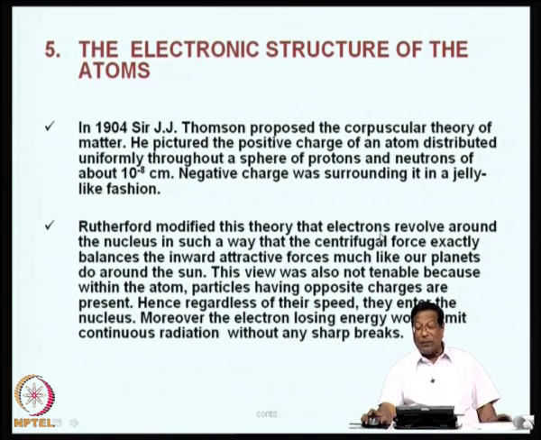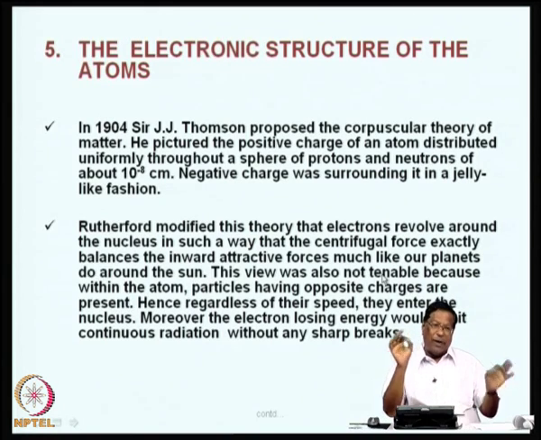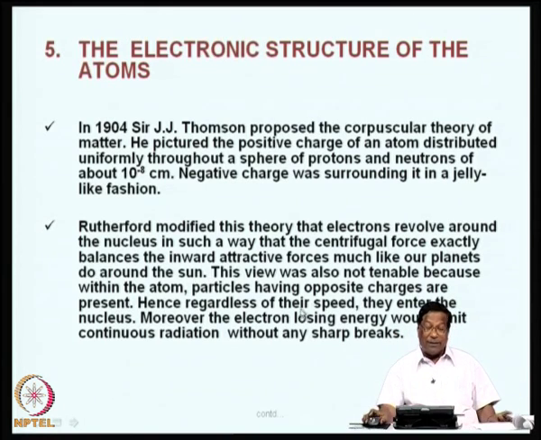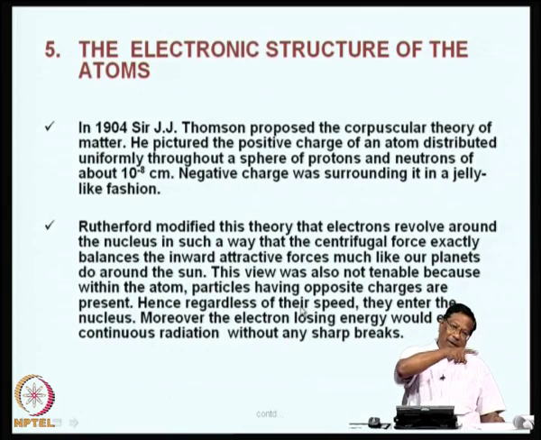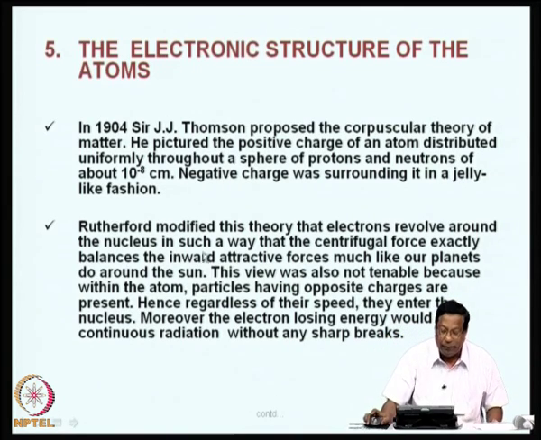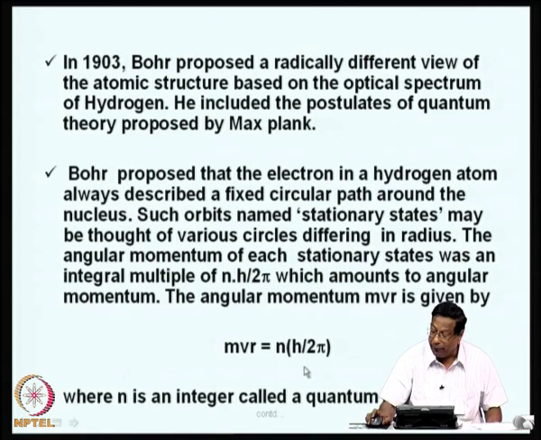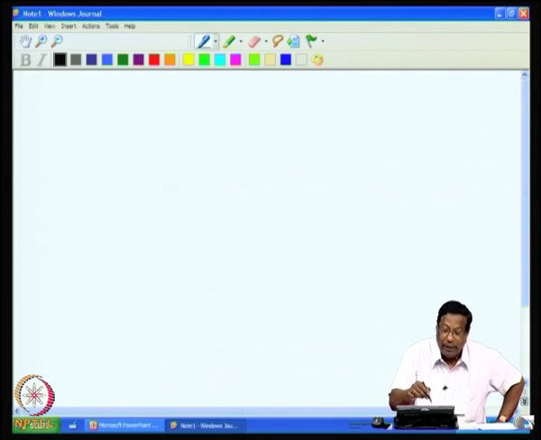Unfortunately, this view also was not tenable, because within the atom, particles having opposite charges will always keep on losing some of the energy, so that it will describe a path that finally ends up landing in the nucleus.